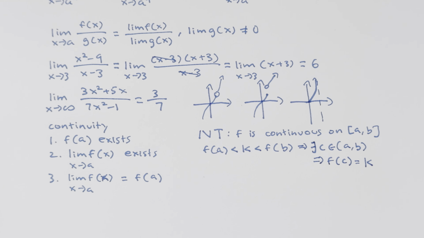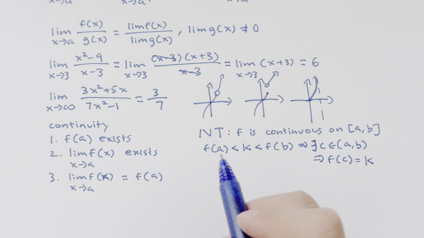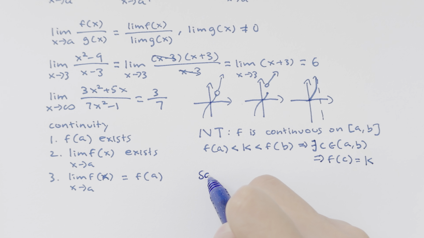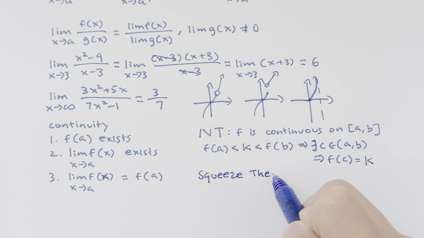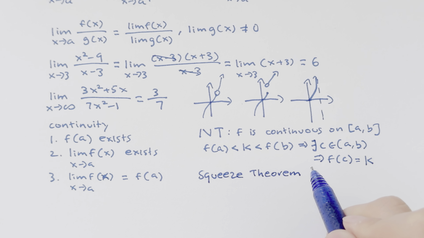Next is a less common but still useful theorem for AP Calc AB called the squeeze theorem. Now the squeeze theorem might seem a bit complicated, but it's really not.